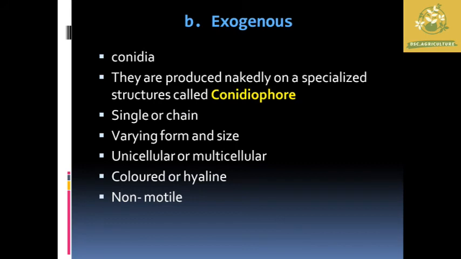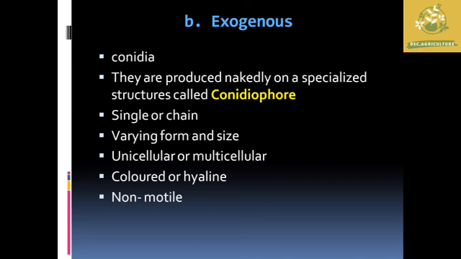And in exogenous, they have conidia, which are produced through a specialized structure known as the conidiophore. They can be either single or in chains of conidia formed on the conidiophore, and they have varying form and size based on their locality.